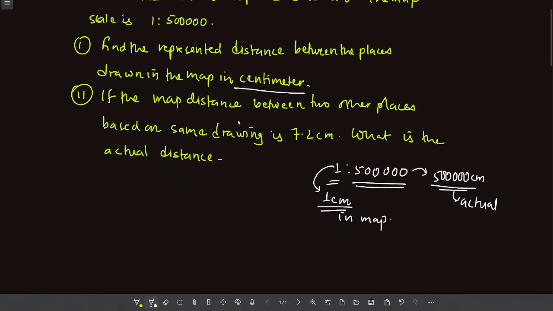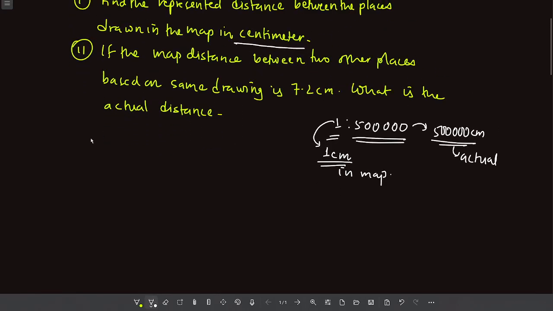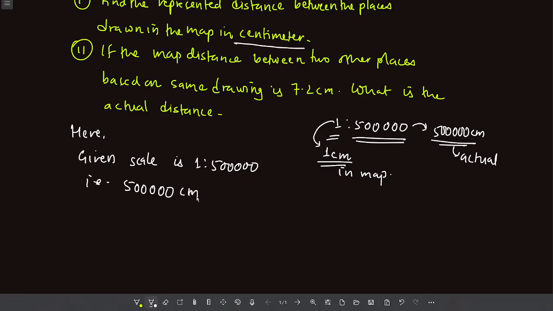Okay, let's solve this question. Here the given scale is 1:5 lakh, that is, 5 lakhs centimeter in actual is equal to 1 centimeter in map.